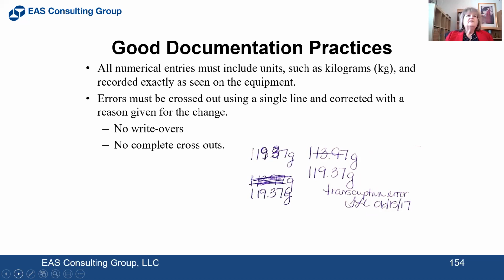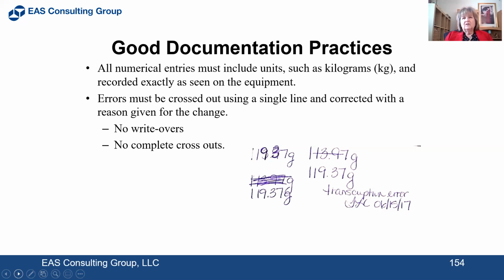Any errors must be crossed out using a single line and corrected with a reason given for the change. You're not allowed to do write-overs. Of those four entries on the screen in the upper left-hand corner, somebody wrote something and then they wrote over it because they wrote the wrong thing. So that's wrong.